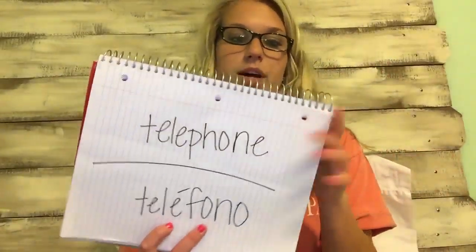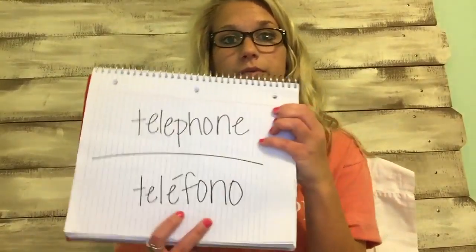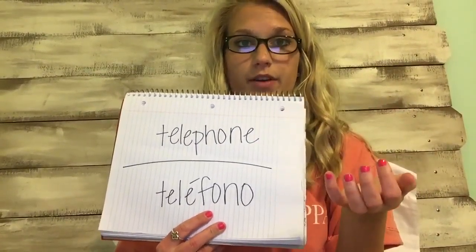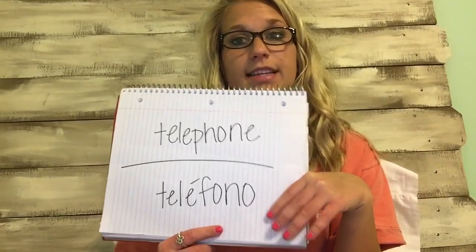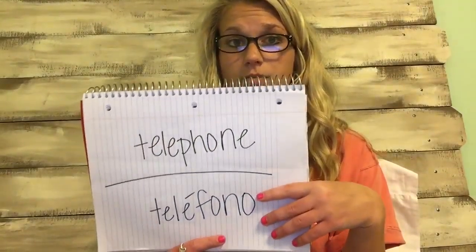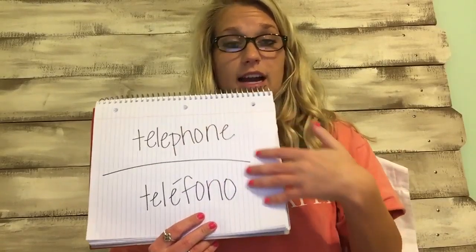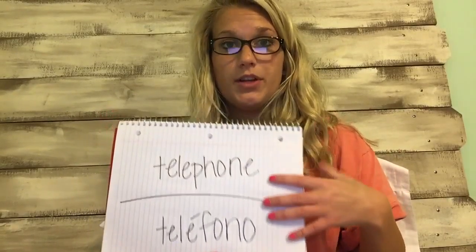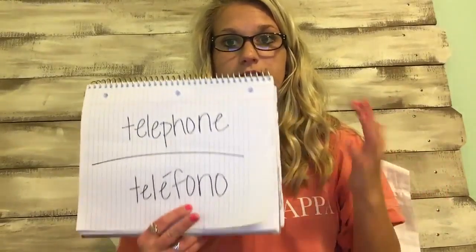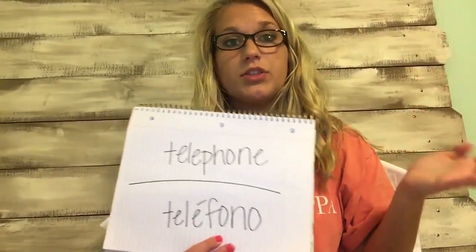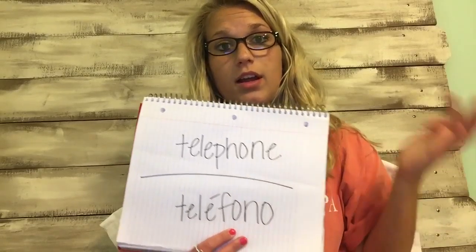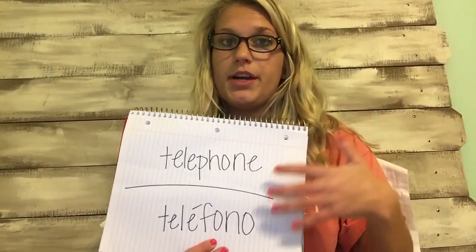Our last example is the word telephone. In English we say telephone, and in Spanish they say teléfono. So as you can see, they sound alike and they also look alike. And so these are really what cognate words are: words that English language learners can pick out because they sound similar and look similar.